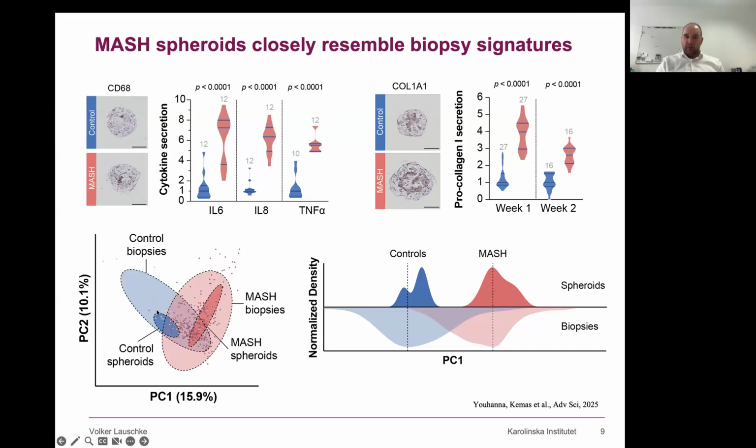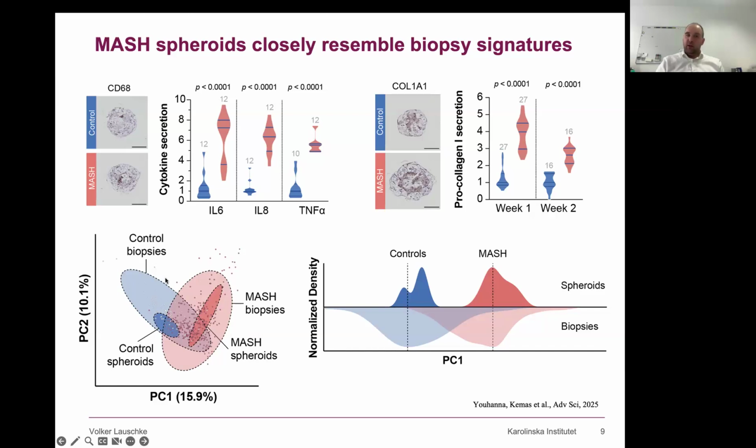What I hope becomes clear from this principal component analysis is multiple things. First, not surprising, it's a very heterogeneous disease. We see a huge spread between the individual distributions of those dots. Nevertheless, there is also a clear difference in patterns between the biopsy samples, MASH and control.